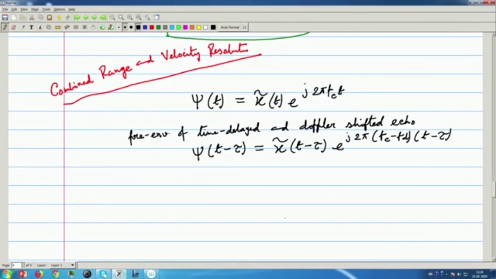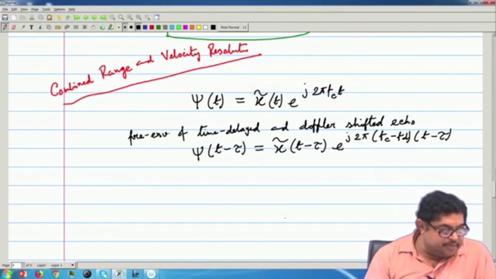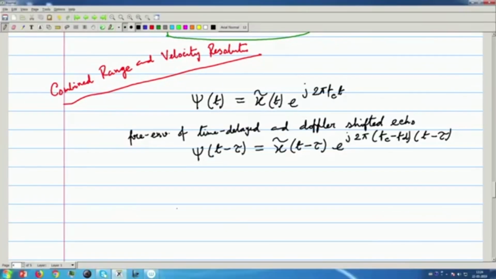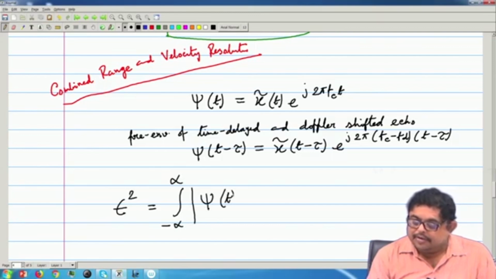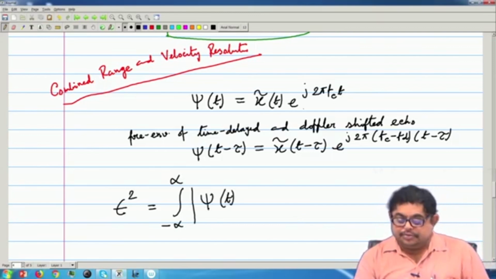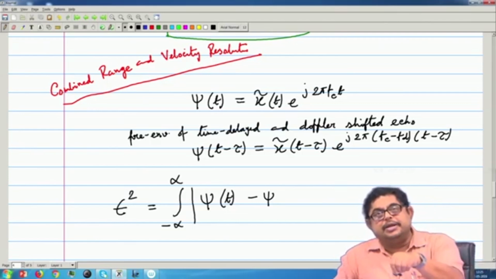So, again utilizing the previous two concepts, now I can form again this integral square error. This I am not giving any subscript now, because it is the general thing. So, epsilon square, that will be minus infinity to infinity the first one minus the second one. This is the return from the second echo, this is the first echo. Appropriately we have taken the references.